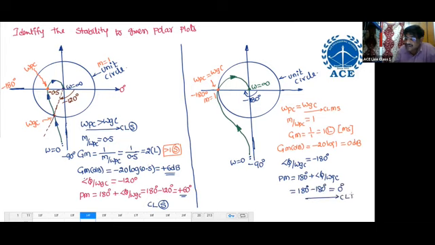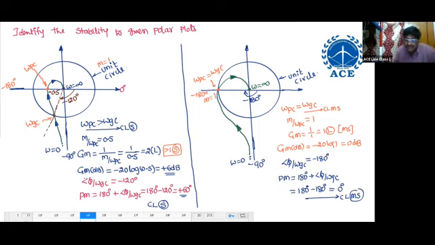The system is marginally stable. Never take this angle in the anti-clockwise direction. When you are calculating gain margin and phase margin, the angle should be considered only in the clockwise direction.